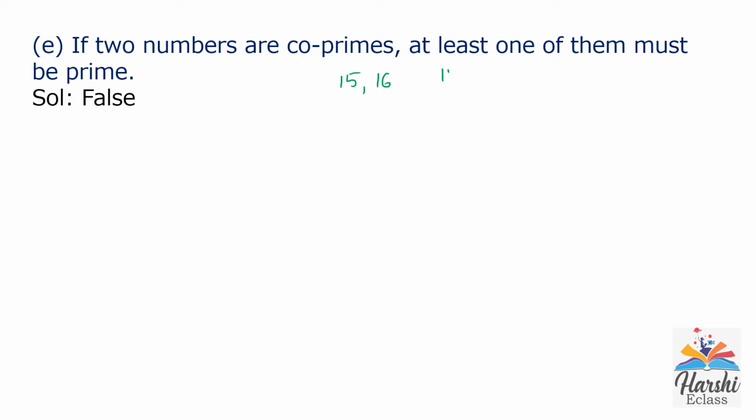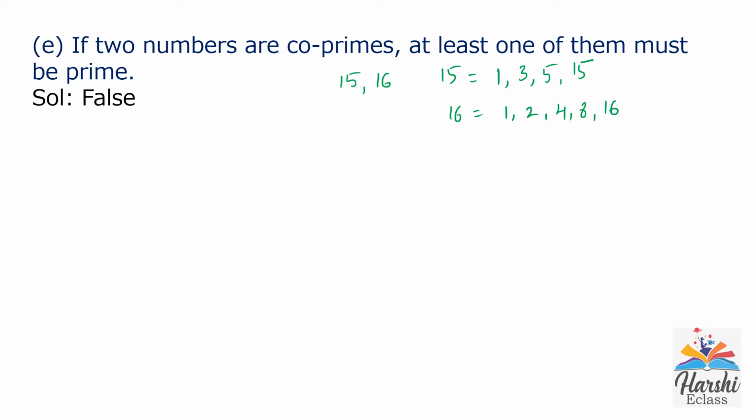Check the factors of 15. 1 15s are 15, 3 5s are 15, 5 3s are 15. Factors of 15 are 1, 3, 5, 15. Now factors of 16: 1 16s, 2 8s, 4 4s, and 16 1s. These are the factors of 16.